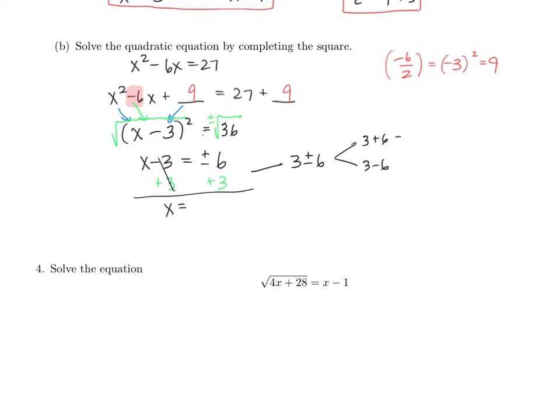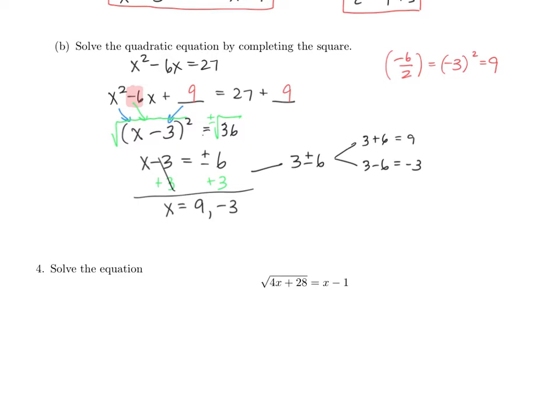You can see 3 plus 6 is 9, but 3 minus 6 is not a negative 9. This is a negative 3. So you have to make sure you do not simply add these numbers and say plus or minus 9, because you'll get one of them right and one of them wrong. So this will be 9 or negative 3. Those are your two answers.